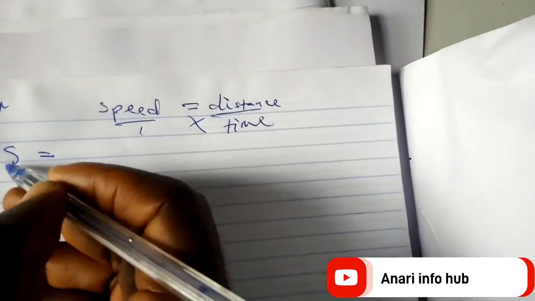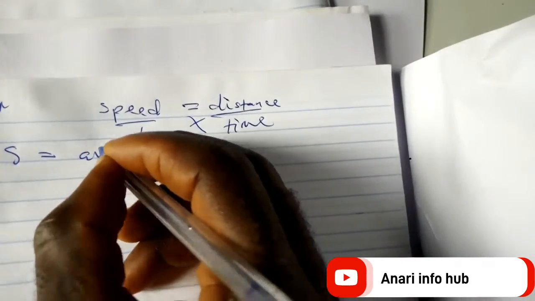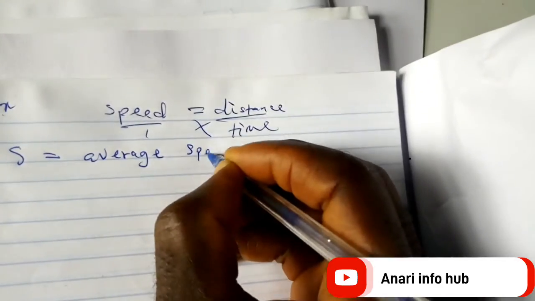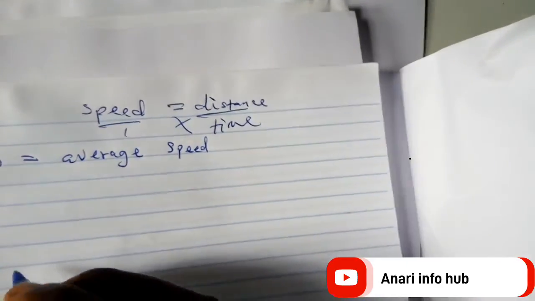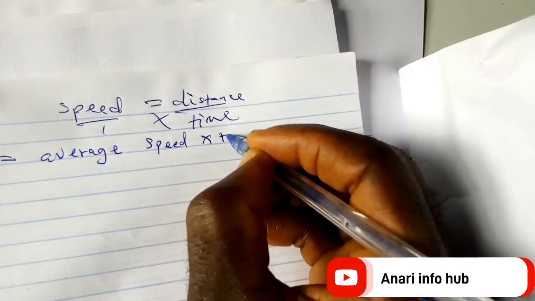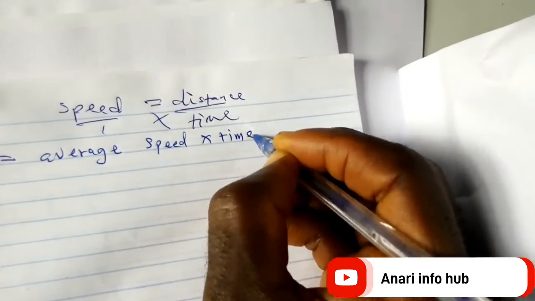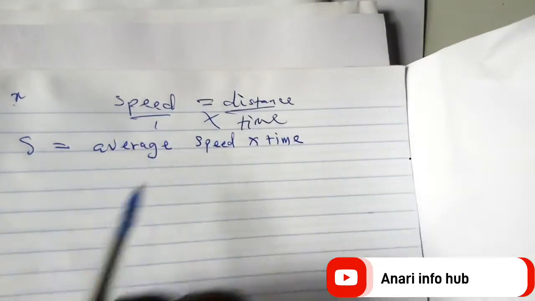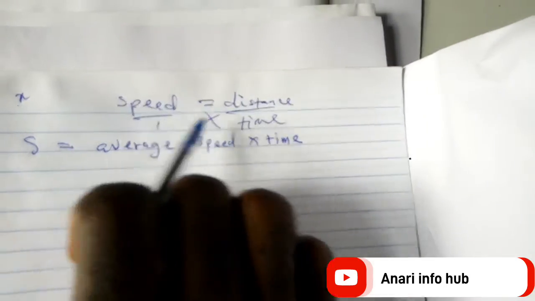So distance is equal to average speed times time. If we cross multiply, this is distance, this is speed, this is time.